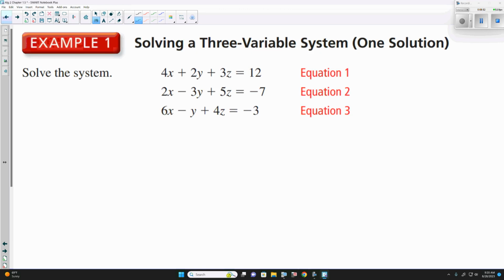So what that means is when we look at this here, x, y, and z, we need to determine if we want to eliminate x, y, or z first.